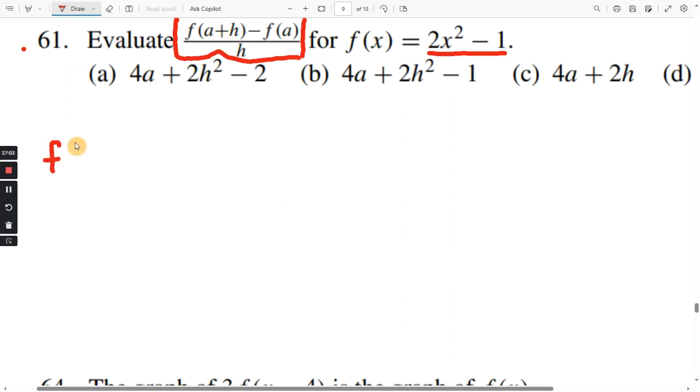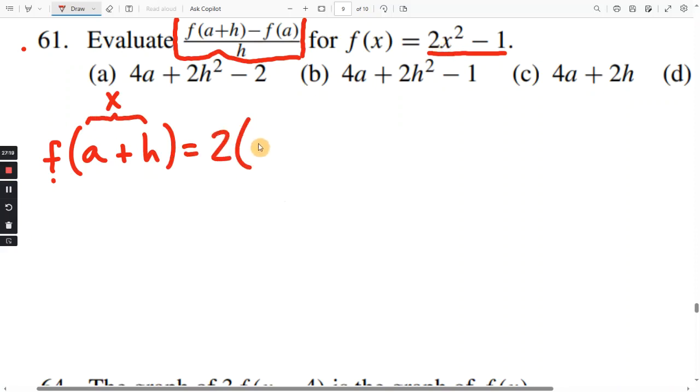All right, so if we do f of a plus h, that means we take a plus h and plug it in place of x for the f function. So we have 2x squared. That's going to be 2 times a plus h squared, plugging in right there in place of x, minus 1. So we have to unpack this.